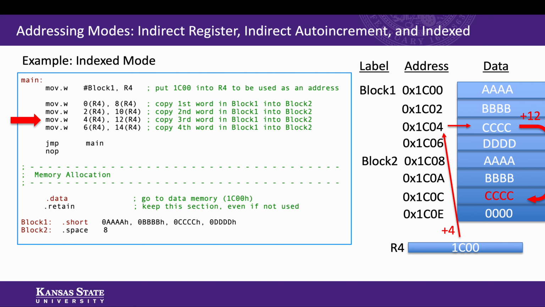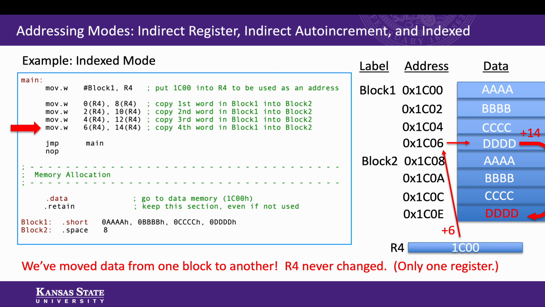And similarly here, we're going to take 1C00, add 4 to it, making it 1C04. That gets interpreted as an address, so it points to CCCC. And then that's going to be copied to the contents of register R4 plus 12. So 1C00 plus 12 is 1C0C. And so we move CCCC into 1C0C.